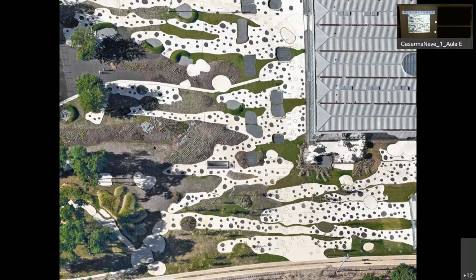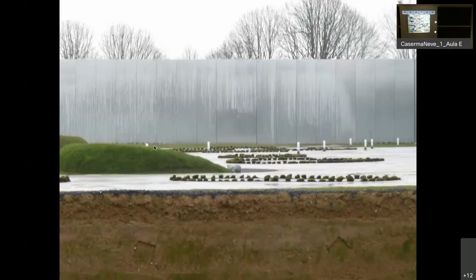You can't really understand or interpret contemporary landscape architecture without considering the influence that art, minimalism, and land art have had on its instruments and its very practices, and the merging of these two things, this erosion of the borders between the disciplines, is very important to understand contemporary practices in landscape architecture.